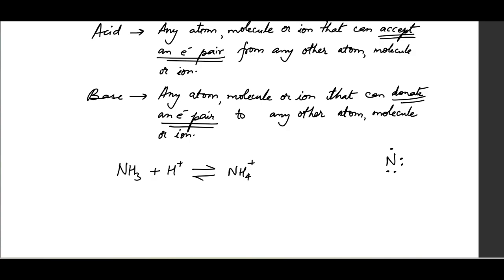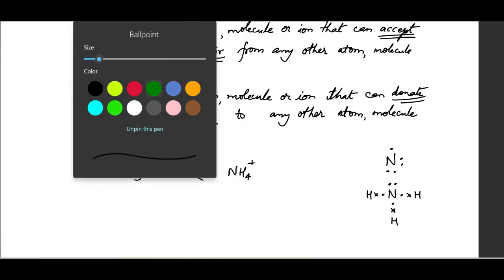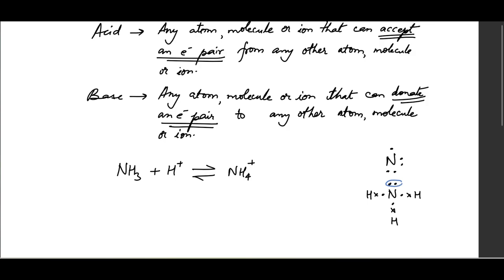And when it combines with hydrogen to form NH3, there are 3 bonds formed. The first electron of nitrogen is combined with the electron of hydrogen, the second electron with the second hydrogen atom, and the third electron with the third hydrogen atom. So basically we have 2 more electrons left, which is called a lone pair of electrons. So we are focusing on this lone pair of electrons.